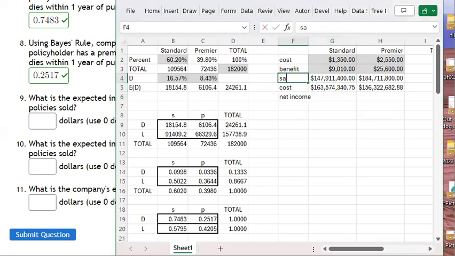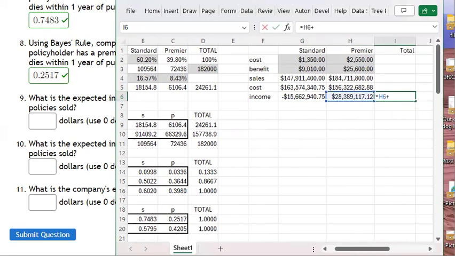Maybe we'll call this sales, that's sales in dollars, and we'll call this income. So we're going to take the sales minus the cost. So we lose money on the standard policies, and we make money on the premium policies. And our total income is the sum of these two.